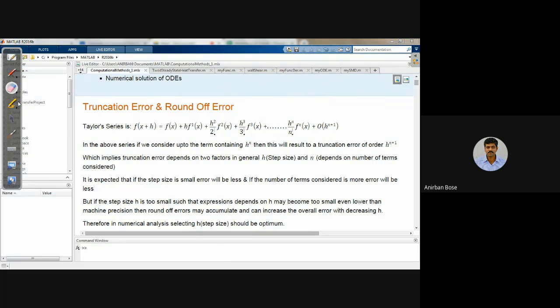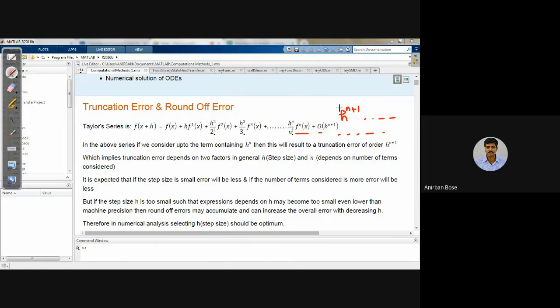If this is the Taylor series, in this particular example, I have written the terms up to nth order derivative, and after that the other terms are definitely there, and if you see the degree of h, that will start from h to the power n plus 1, and then gradually this power of h will increase.